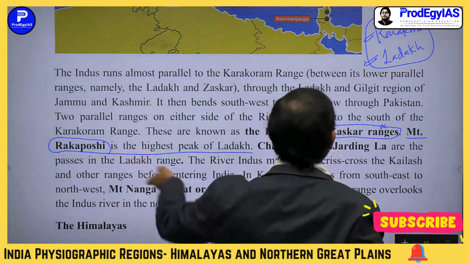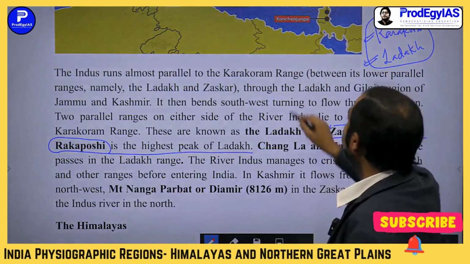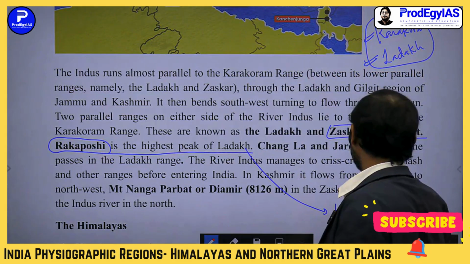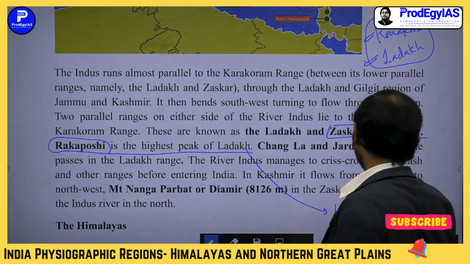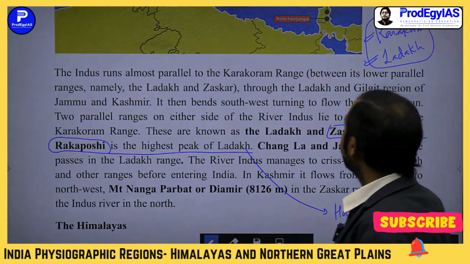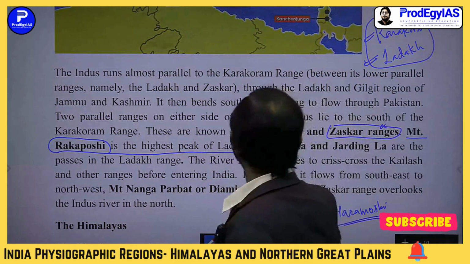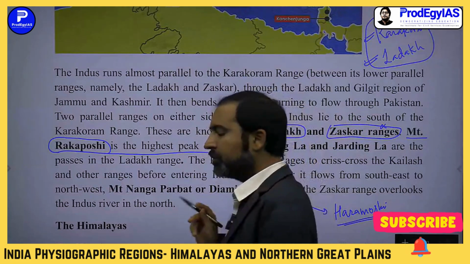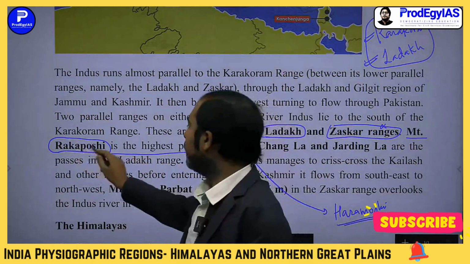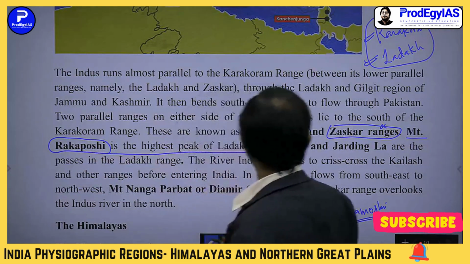Rakaposhi and Haramosh are the peaks of Ladakh range. You know that Ladakh is a region in India and it is also a range. Rakaposhi is the highest peak of the Ladakh region.